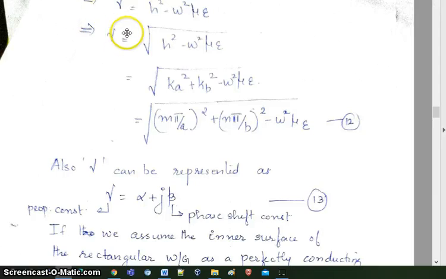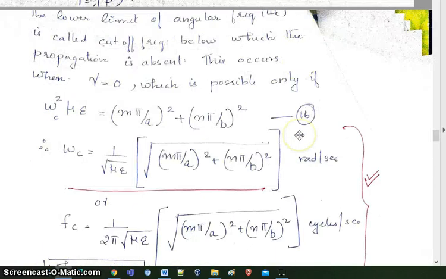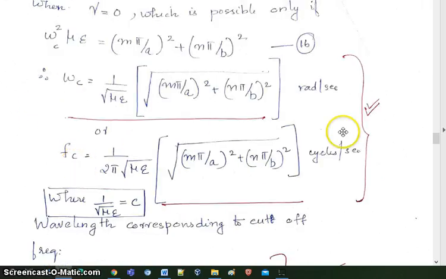That means if you substitute gamma equal to 0 in this expression, you will get omega c square mu epsilon is equal to (m pi by a) the whole square plus (n pi by b) the whole square. From that, omega c is this expression.